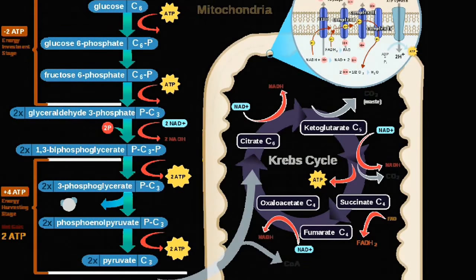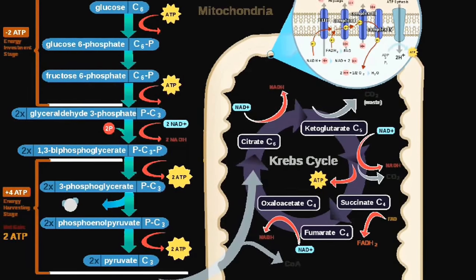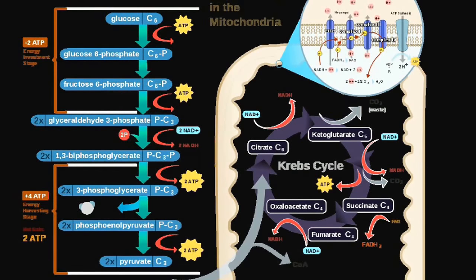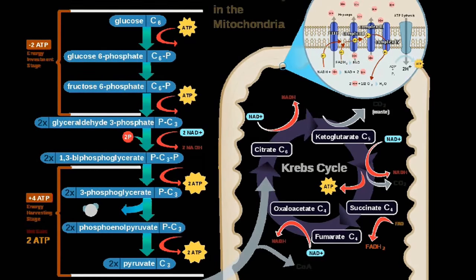Glycolysis is common for both aerobic and anaerobic respiration. Krebs cycle is only for aerobic respiration. By producing ATP, carbon dioxide, energy is released in the Krebs cycle. One glucose molecule is broken down to produce a net gain of 36 ATP molecules.